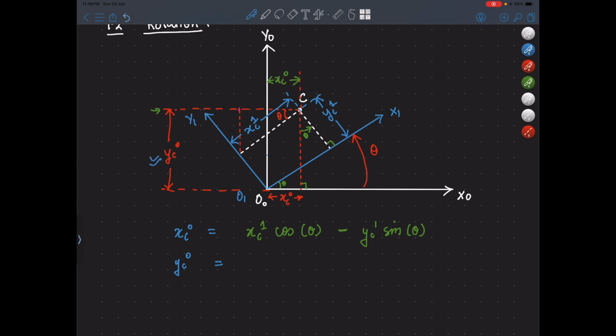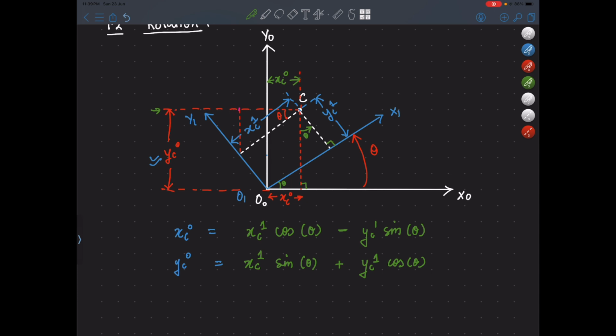You can derive it and try to find it geometrically yourself. I'll just straight away write the expression for that, and it will be given by xc1 sine theta plus yc1 cos theta.